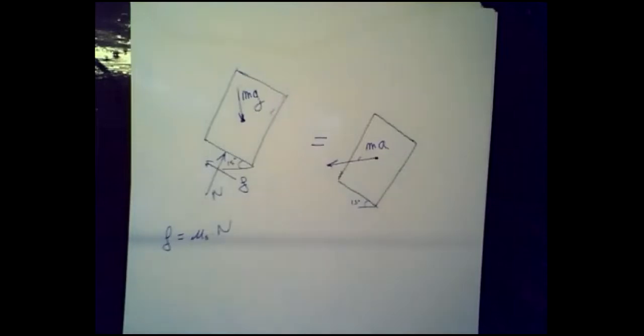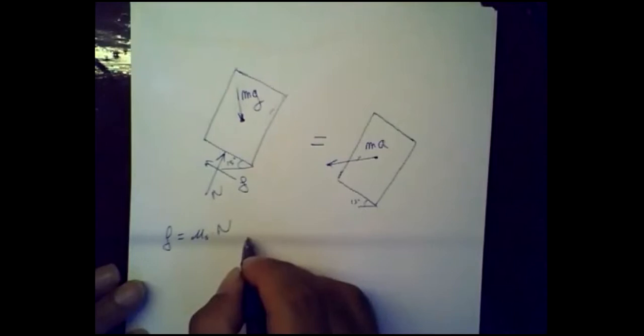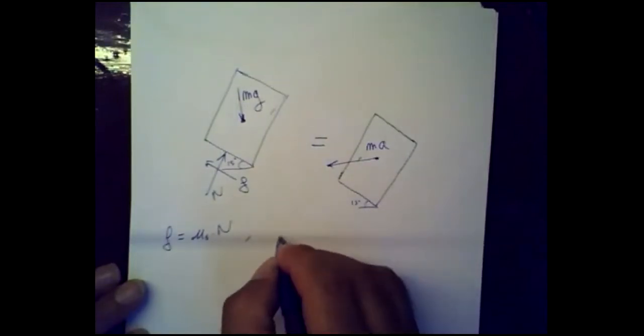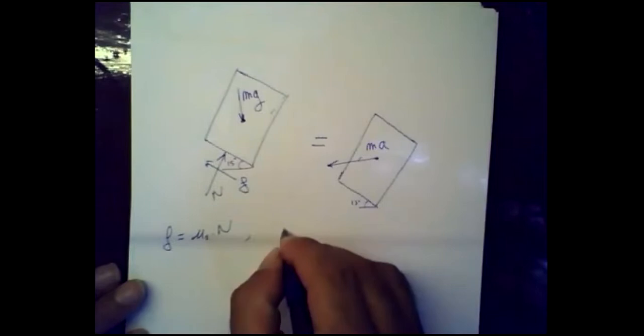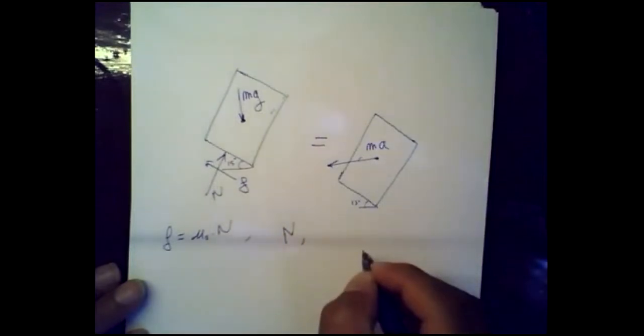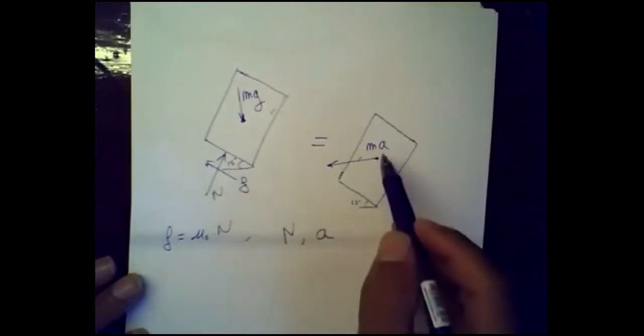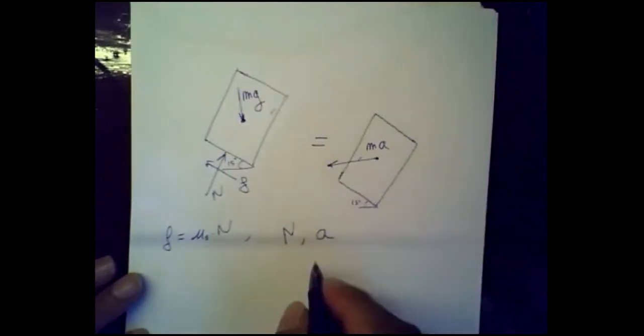First of all, we're going to count our knowns, our unknowns, and then count our equations. How many unknowns do I have if F was equal to mu S times N? The unknowns are going to be N, and then what else? A. Exactly. So the unknowns are N and A. And how many equations do I have?